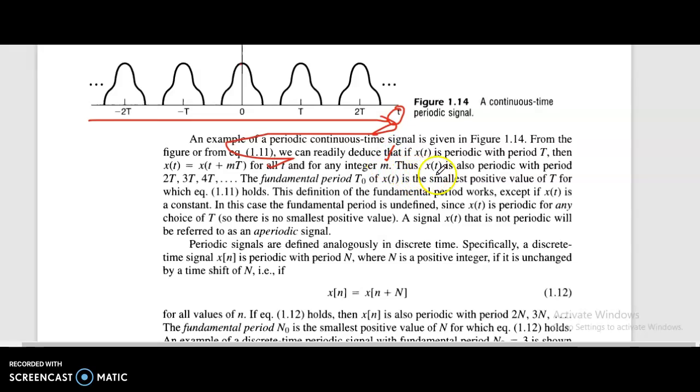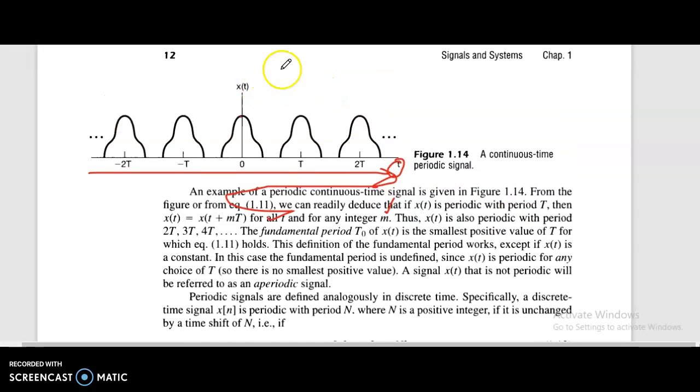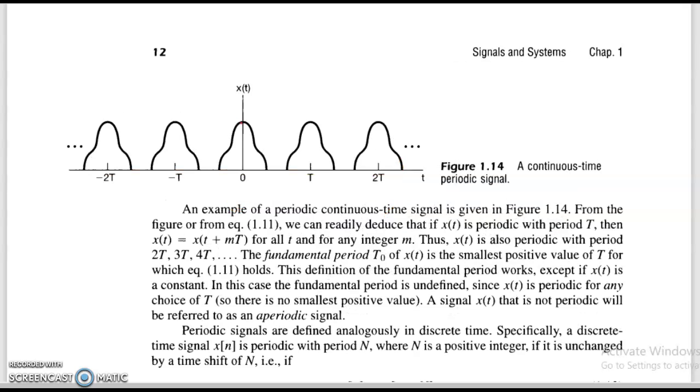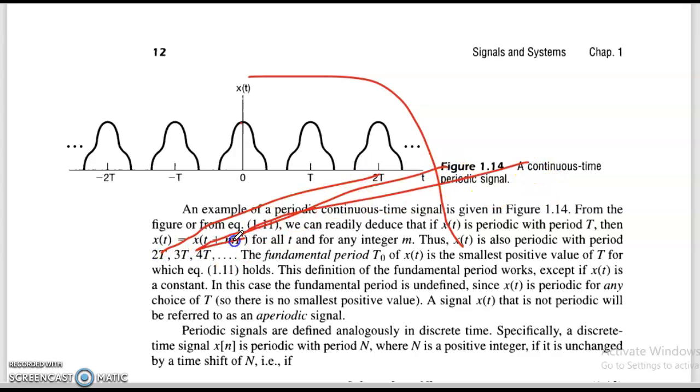Thus x of t is also periodic with the periods 2T, 3T, 4T, and so on.